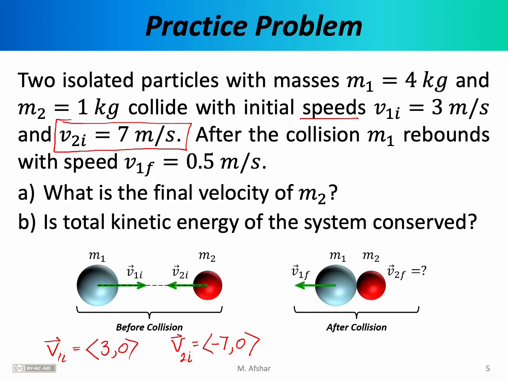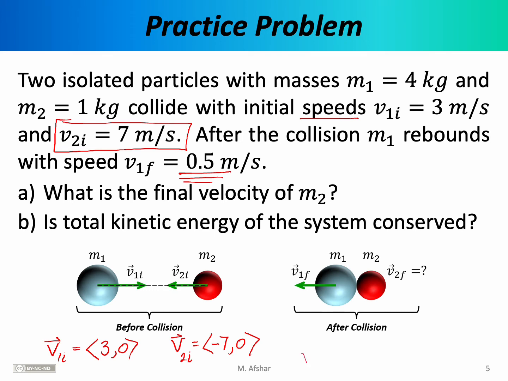Why am I talking about the x components? Well, because momentum is a vector, and like all vectors, it has x and y components, and those components can be positive or negative. We need to pay attention to which one they are. Similarly, notice that we're told that object 1 rebounds with a speed of 0.5 meters per second. Again, speed is the magnitude of the velocity vector. It's always given to you as a positive number, but we're interested in the components.